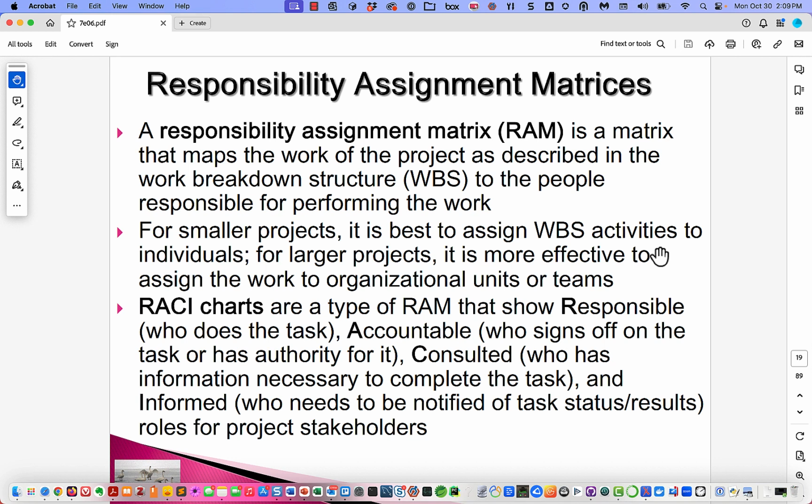And we're saying that in smaller projects, we probably would want to assign that responsibility to individual people, and maybe in larger projects to organizational units or teams, because we're not sure what individual person might be taken responsible for that. There's a kind of chart like this called a RACI chart, that shows who's responsible, who's accountable, who's consulted, and who gets informed. So that's RACI, RACI.